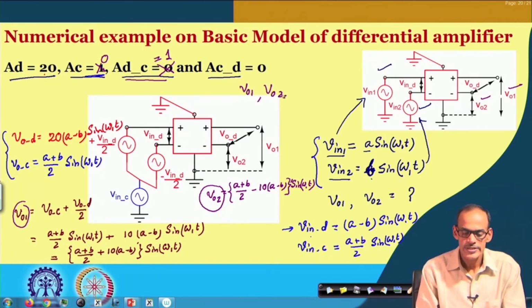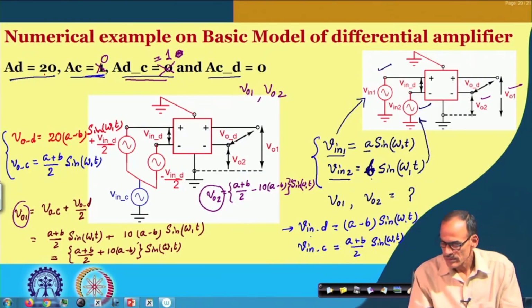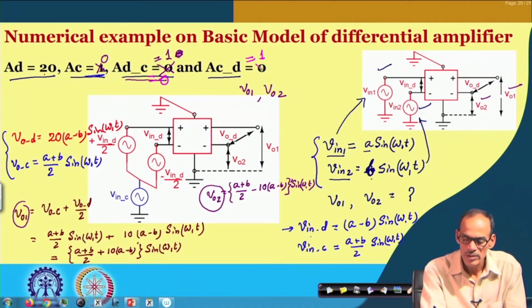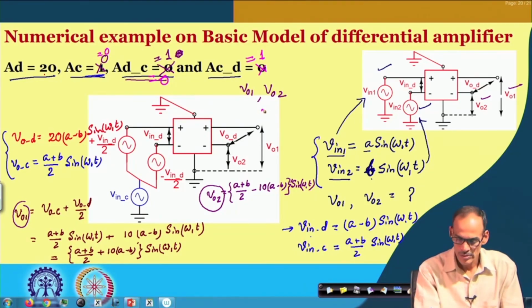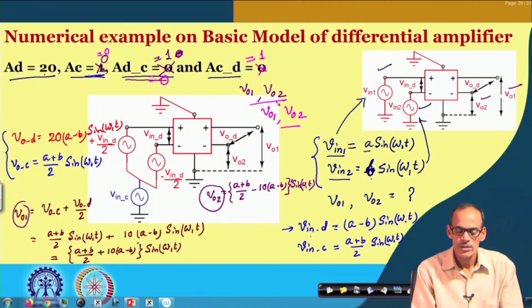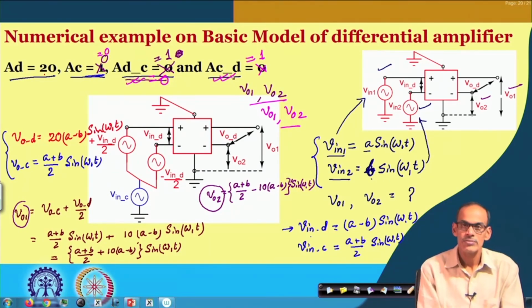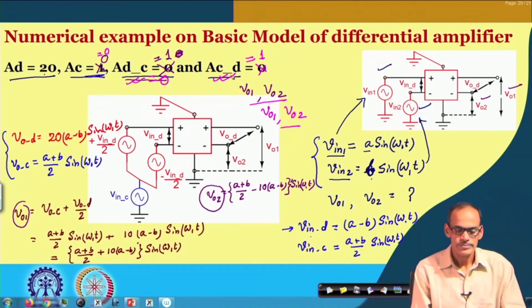Then you can consider this is 0, and this equal to 1, and this also equal to 0, and see the corresponding VO1 and VO2. From that you can get an idea of the significance and importance of this parameter, and what kind of problem we will encounter if they are non-zero.